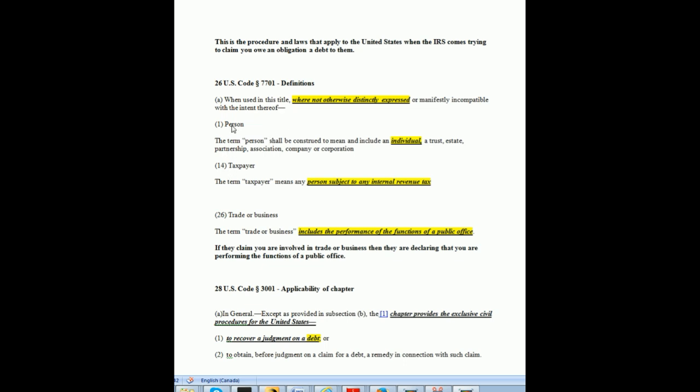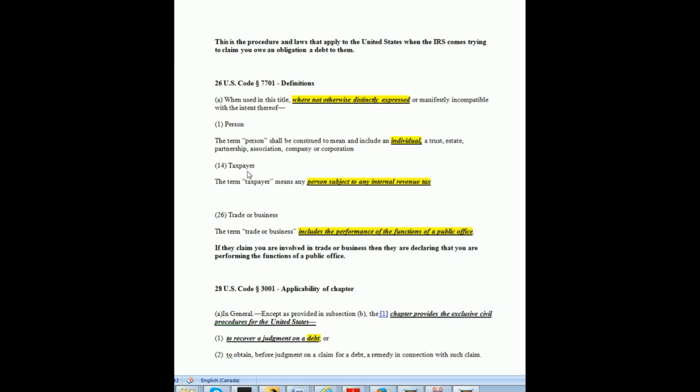So the term person shall be construed to mean and include an individual. And we know that an individual can break down in two ways, either to the artificial entity, the corporate entity, or to the man or the woman. So the term person shall mean individual, a trust, estate, partnership, association, company, or corporation.